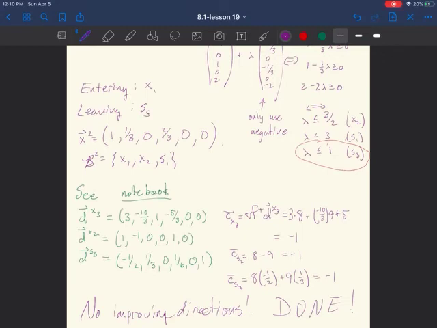Okay, so that concludes lesson 19, the simplex part. There's one more quick video, and it just goes into, again, one of these precision issues that we're going to see. But we would conclude now that the optimal solution here is this x2. This is an optimal solution.